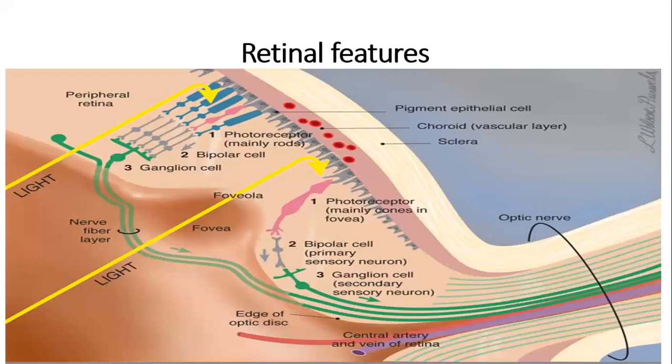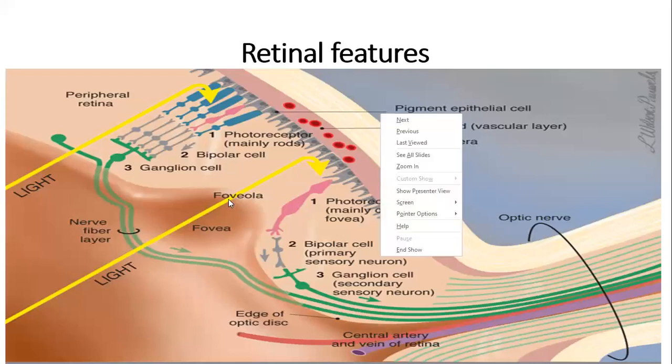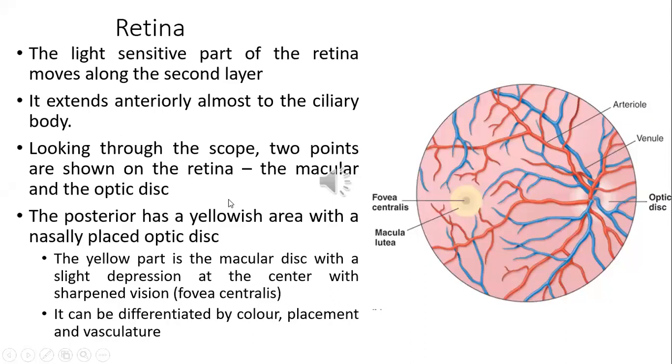That's where the fovea centralis is. It can be differentiated by color, placement, and also vascularity, meaning the type of blood vessels that are there. So there are arteries, veins, and also what we call the optic disc.